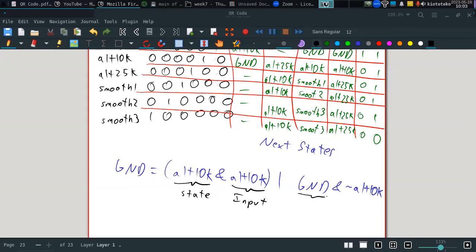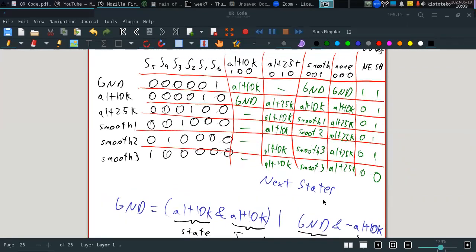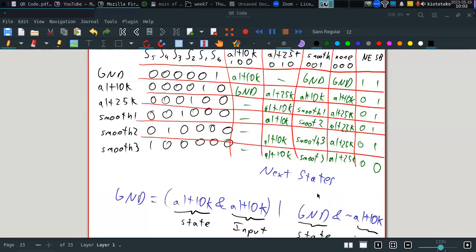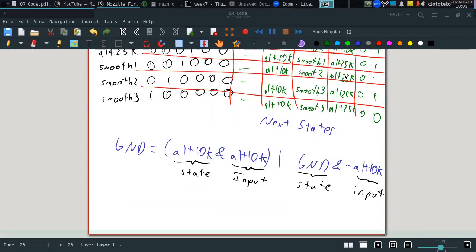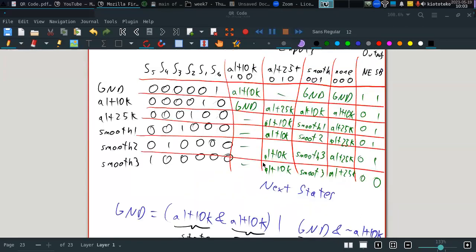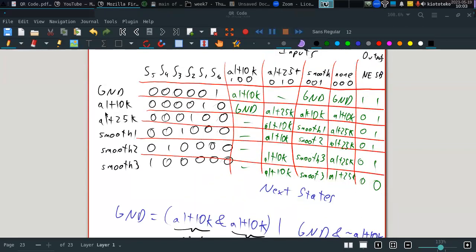So again, this is the state, and this is the input, no? And we are using inverse logic because the ground state will still be in the ground if you don't receive the signal. The Alt 25K, you cannot receive it, so we don't take that into account. And you only receive when it's smooth or none. But we apply inverse logic, so it's when you don't receive the Alt 10K input.